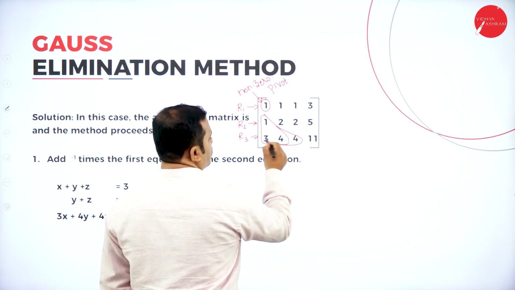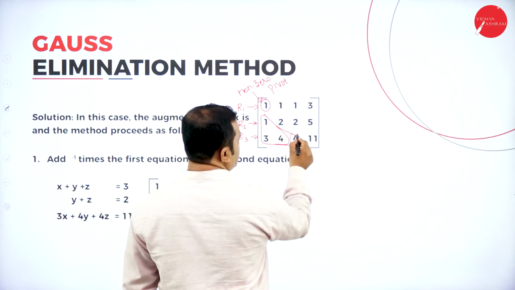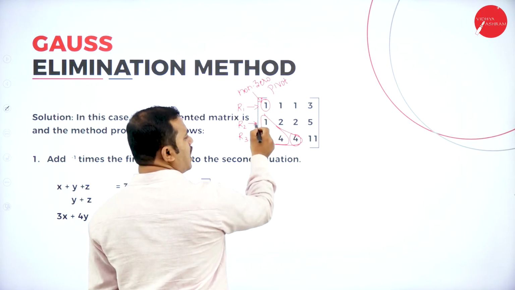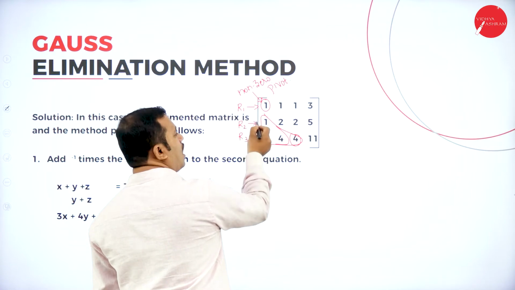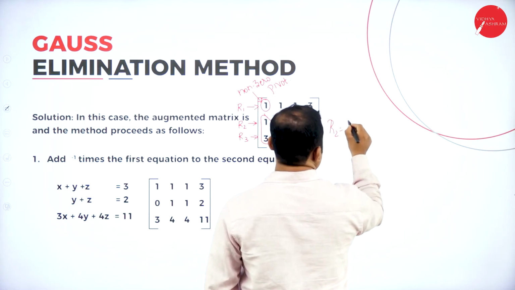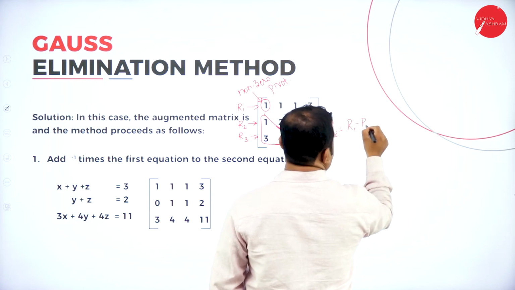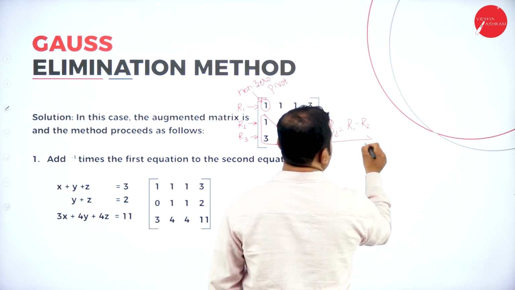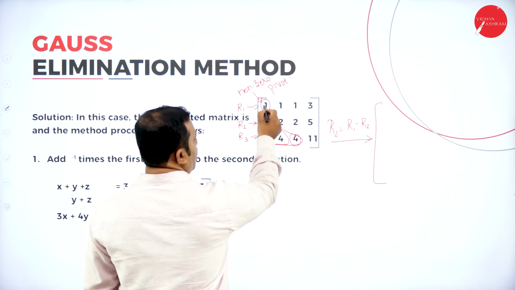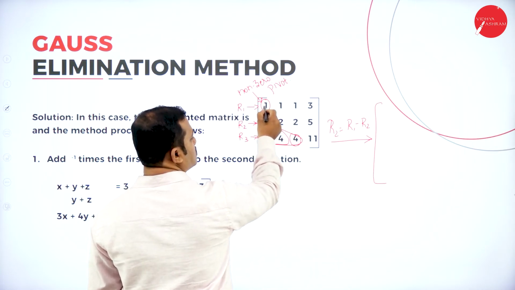This one. These set of elements. This corresponds to z. So R1 minus R2 is assigned to R2. That means R2 is equal to R1 minus R2. Let me take you into that.